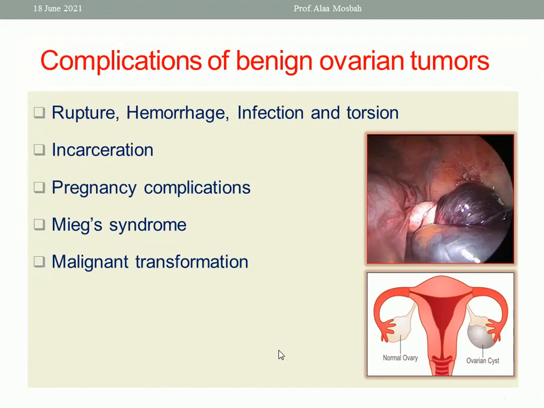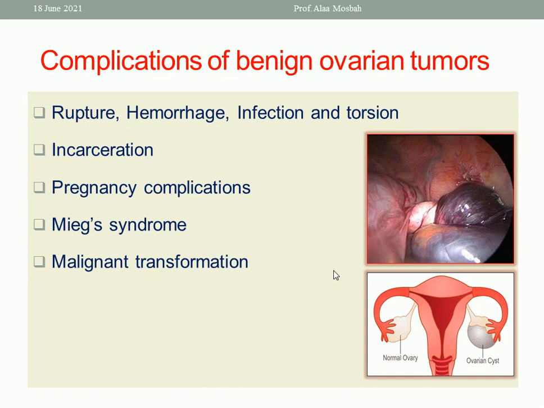What are the complications of ovarian tumor? As you see in this picture, torsion of the adnexa, and this is very important, and this is an emergency situation. Or hemorrhage inside the cyst, or rupture and internal hemorrhage, or infection, or incarceration in the pelvis, or pregnancy complications if associated with pregnancy.